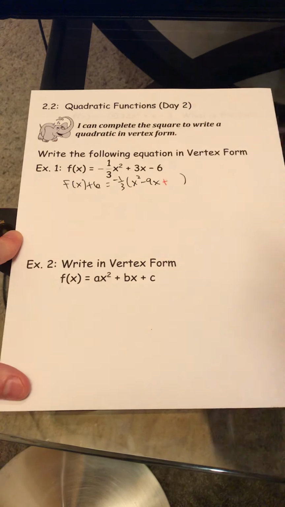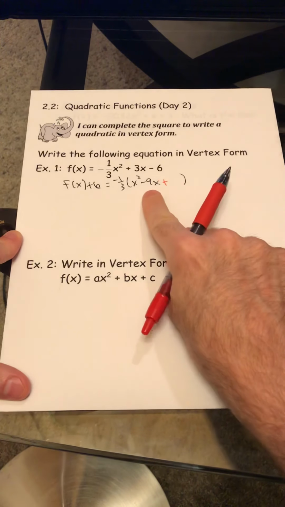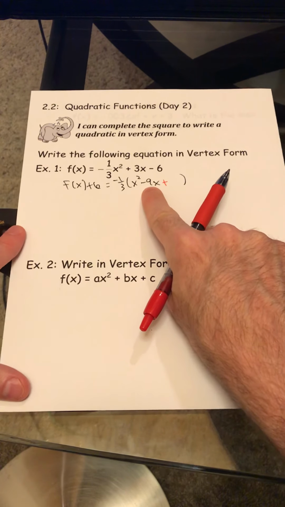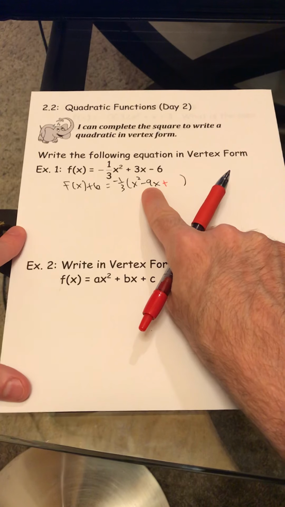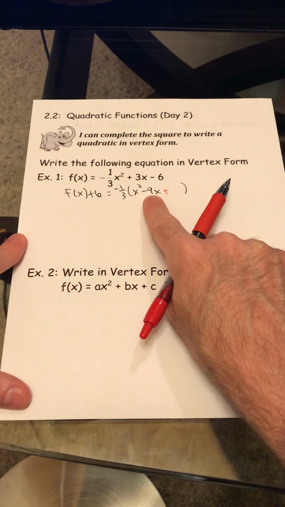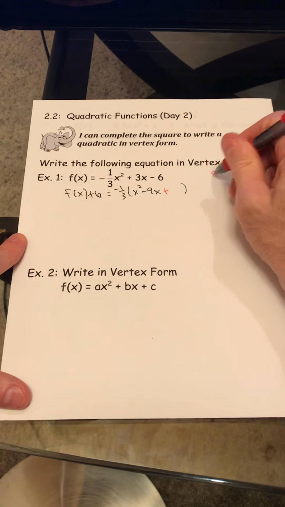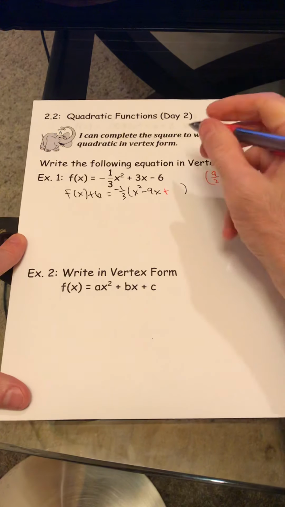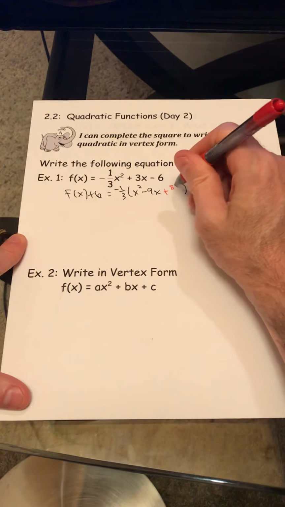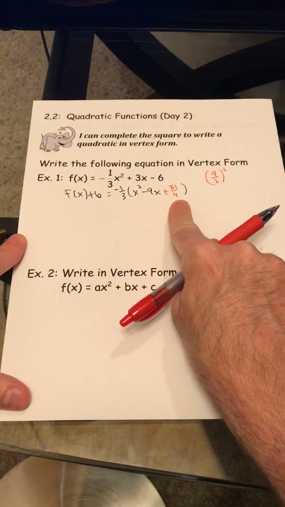Now, the one thing that, like I said, does make this a little bit ugly is when we take half of 9, I'm going to leave it as a fraction. So, when I take 9/2 squared, that's going to be 81/4.